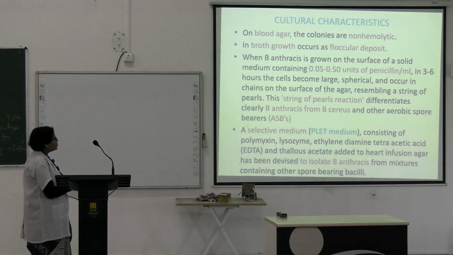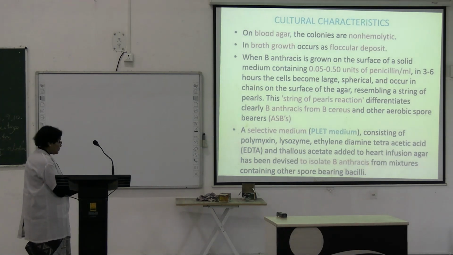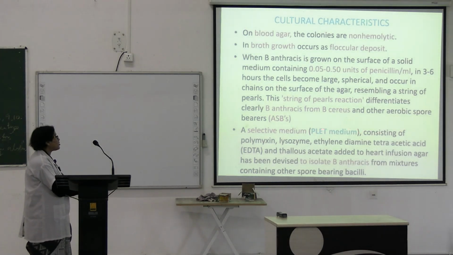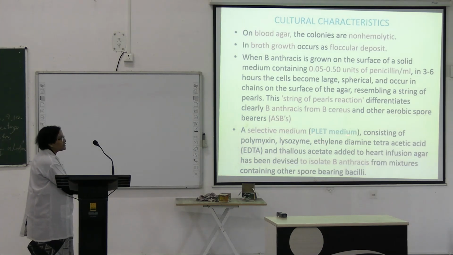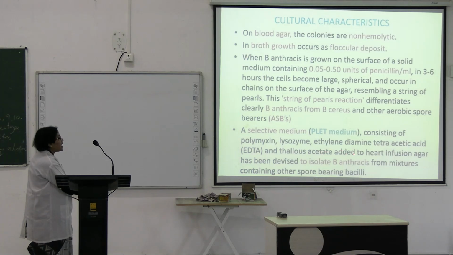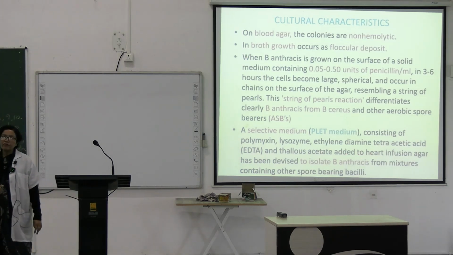Blood agar, non-hemolytic, and selective media. Selective media is PLET media. মনে থাকবে তো, কাপ প্লেট, ঠিক আছে? PLET media consisting of P for polymyxin, L for lysozyme, E for EDTA, ethylene diamine tetraacetic acid, and T for thallous acetate, added to heart infusion agar. তোমরা BHI শুনেছো, brain heart infusion agar.